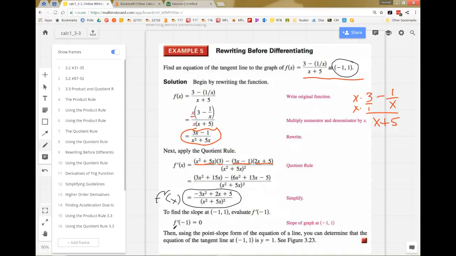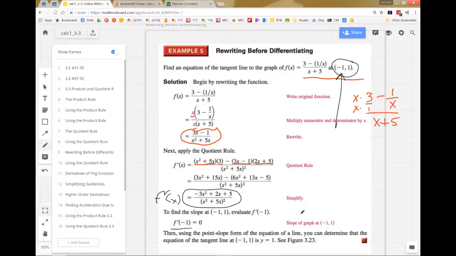So now you need to find what's f prime at that x coordinate, negative 1. So you just plug in negative 1. And what happens on the top? Negative 1 squared is 1. Negative 3 times 1 is negative 3. 1 minus 3 is negative 2. Negative 2 minus 3 is negative 5.